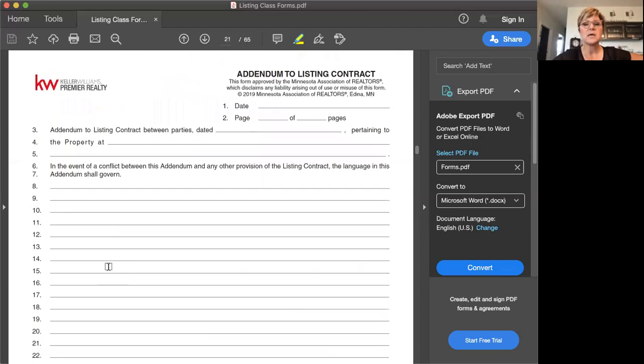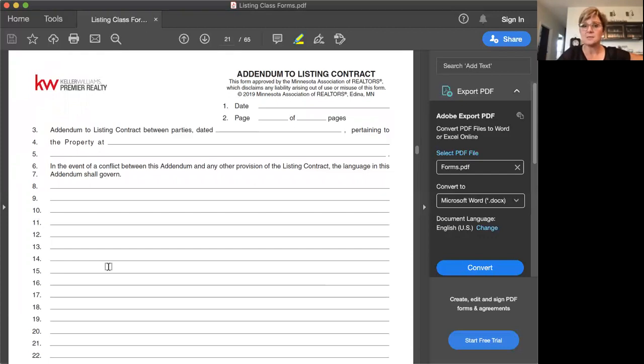Okay. So you have the listing contract, but you have some additional information, you need some extra room, or I'll go back to the example I gave you earlier, the legal description is really long and you didn't have a place to write that in the regular listing contract body. So we're going to do an addendum to the listing contract. An addendum versus an amendment, you guys have got to keep this straight.